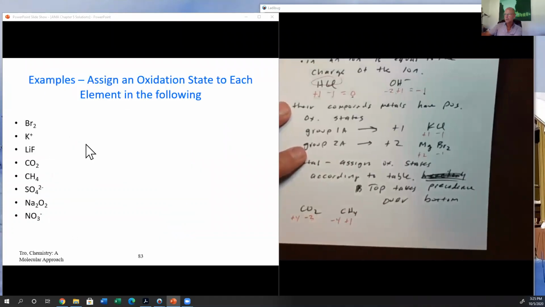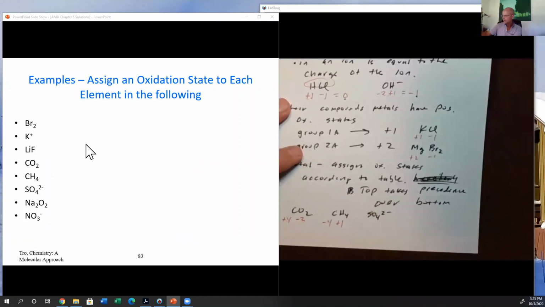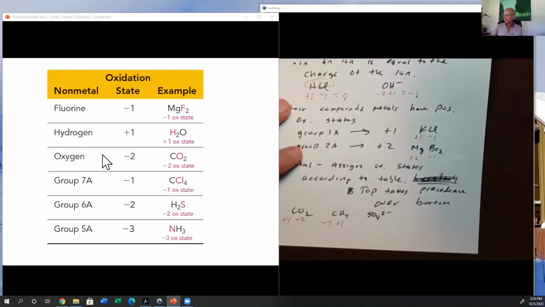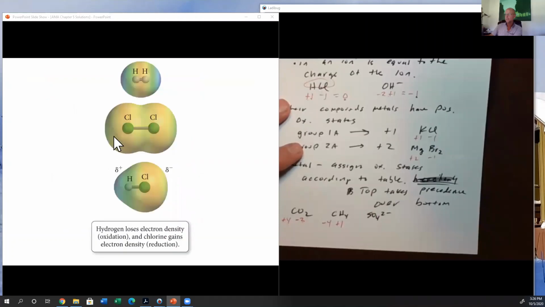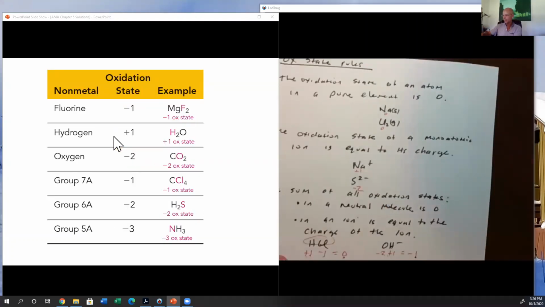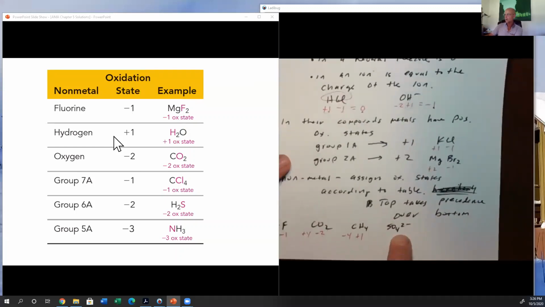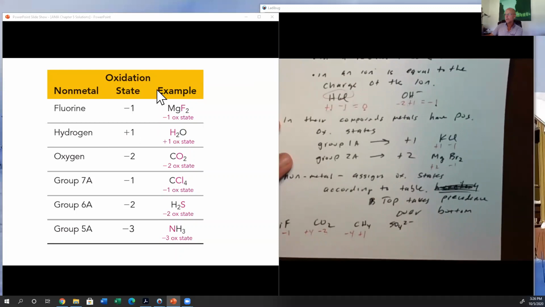More examples. Let's do SO4 2 minus. We look at all of our rules. We get to nothing until the bottom we get to non-metal. So then we go to this hierarchical list. What do we get to first as we go down this list? Oxygen or sulfur? Oxygen.